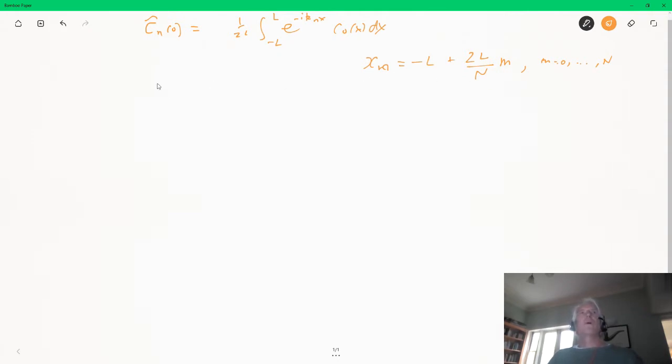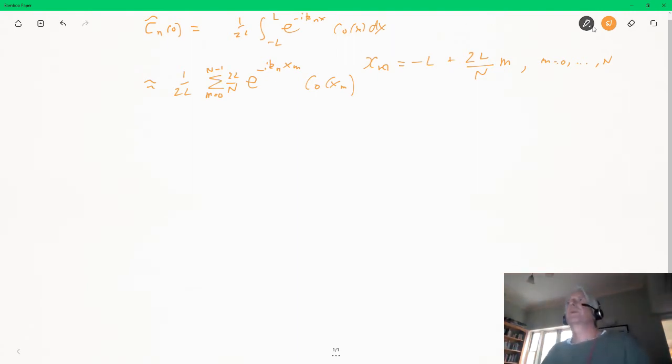So then we're going to write this integral as approximately 1 over 2L times the sum of e to the minus i kn times xm, C naught of xm, times this weighting function, which is 2L over n. And it's the sum from m equals 0 to n minus 1.